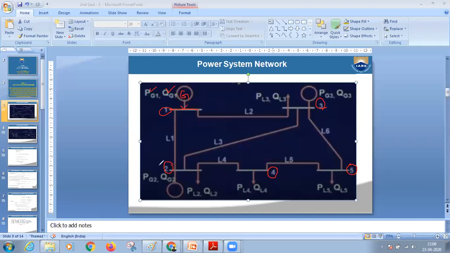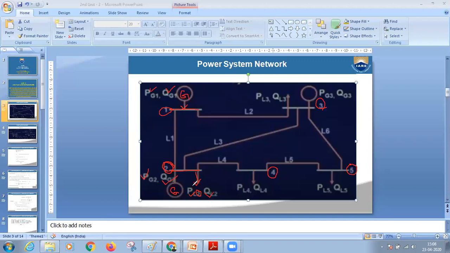Similarly, for the second bus, there is a generator as well as a load. The generator will generate the power Pg2, Qg2, and the load will receive the power PL2 and QL2.